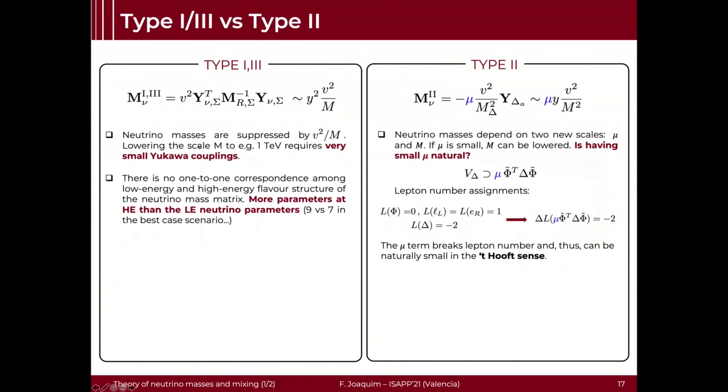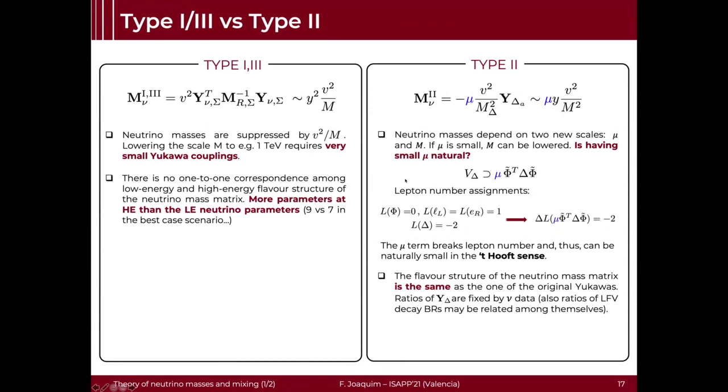Now, another important feature has to do with the reconstruction of the parameters. In the type 1 seesaw, we have seen that it's not possible to reconstruct the high energy parameters from the low energy data without making additional assumptions. In the type 2 seesaw, the flavor structure of the neutrino mass matrix is the same as that of the original Yukawas. You can see it from here.